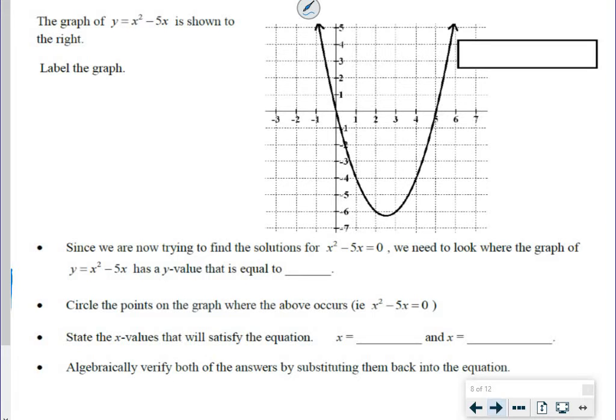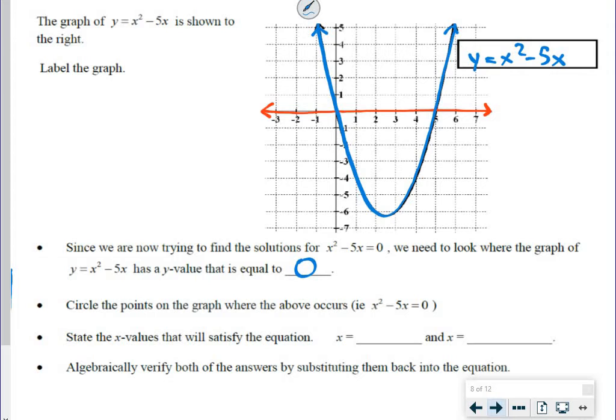Label it, so here we have y equals x squared minus 5x. Since we're now trying to find the solutions for x squared minus 5x equals 0, we need to look where the graph of x squared minus 5x has a y value that is equal to 0. So we're finding the intersection points of the parabola and the x-axis.